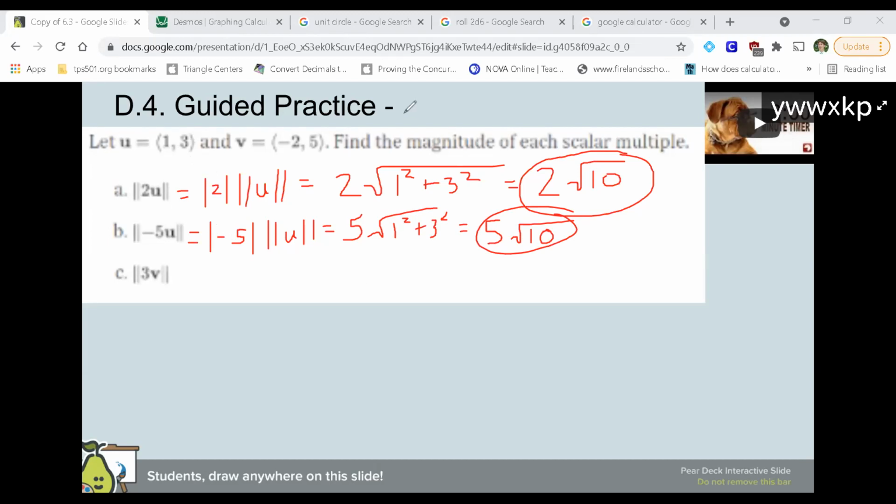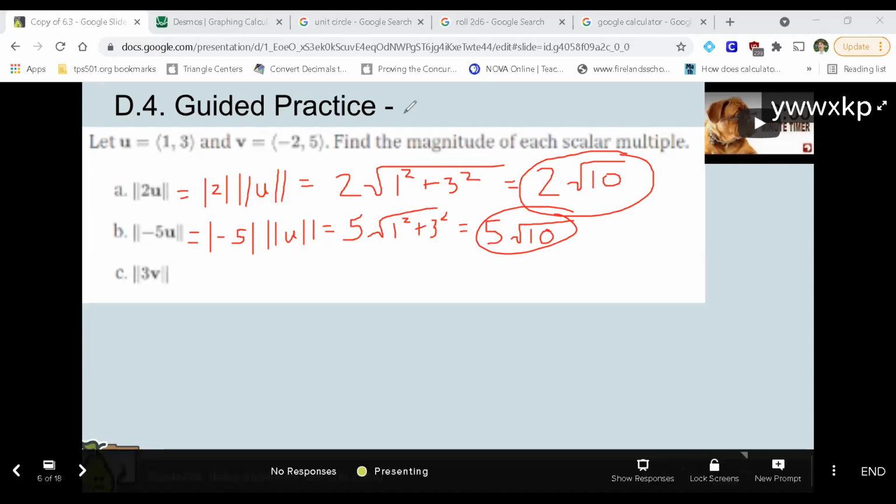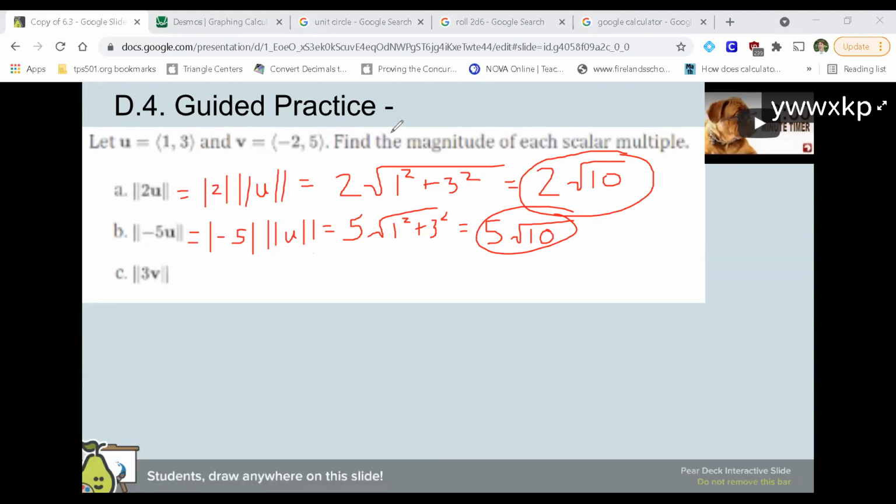Use the shortcut. Gavin, do you think you could help me out with C? I don't know. I don't think he's up for it. That's okay, Gavin. I'll do it. Absolute value of 3 times the magnitude of v. Absolute value of 3 is 3, not -3.